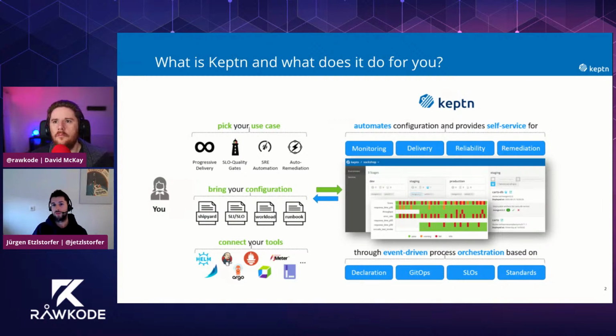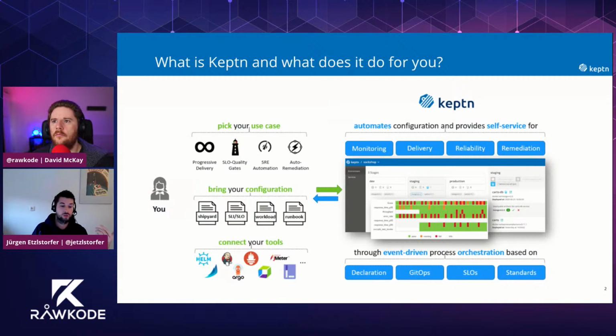So David already mentioned it's a control plane, a cloud-native control plane for continuous delivery and automated operations, and it's basically solving the problem of application lifecycle orchestration and management. So if you have Helm charts, and if you use Helm for deployment, you can do this with Keptn as well. So Keptn can use your Helm charts and deploy your microservices for you.